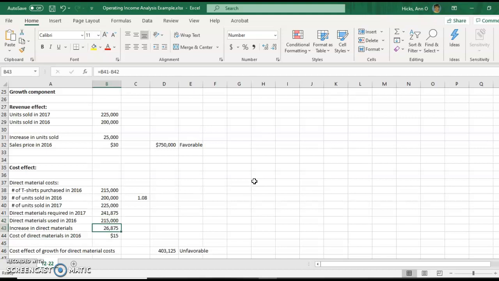That means that at that ratio, to meet the sales in 2017, we would have had to purchase 26,875 more in direct materials than we purchased in 2016.